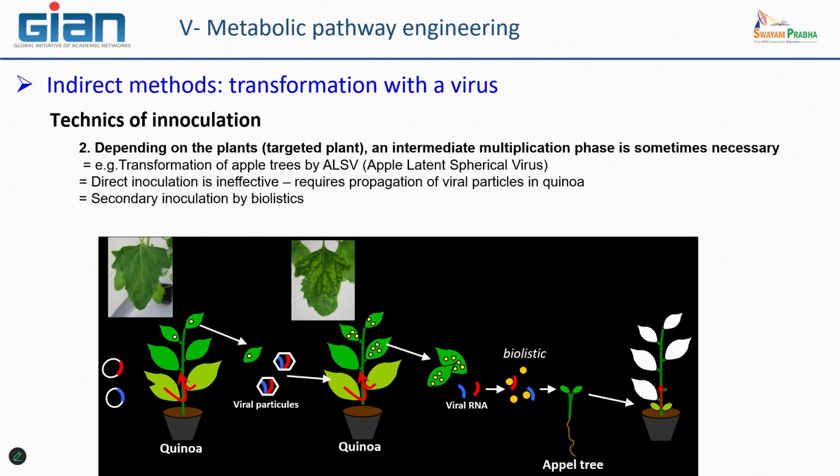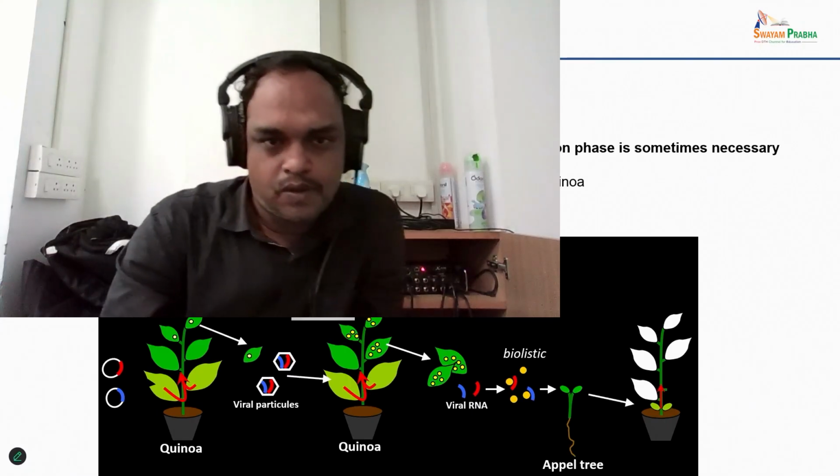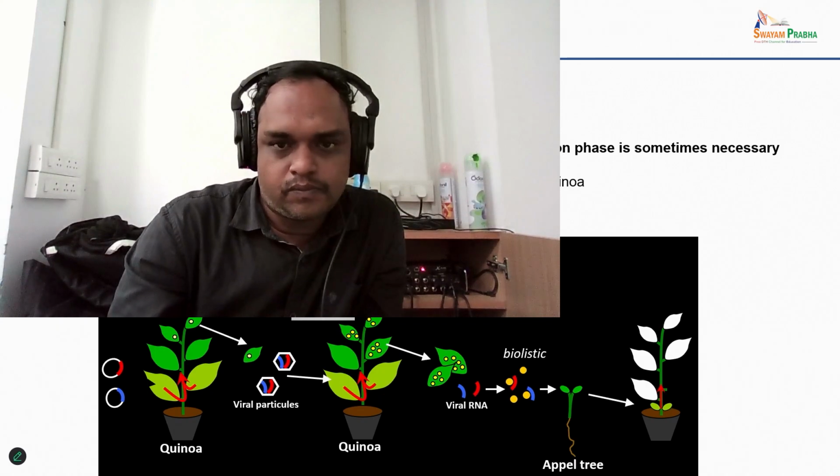It's a direct mechanism, not an indirect method, but a direct method, named biolistic. So it means that in this case, the virus particles are just at the beginning of this type of protocol, in order to multiply the right RNA. It's a way to multiply it.